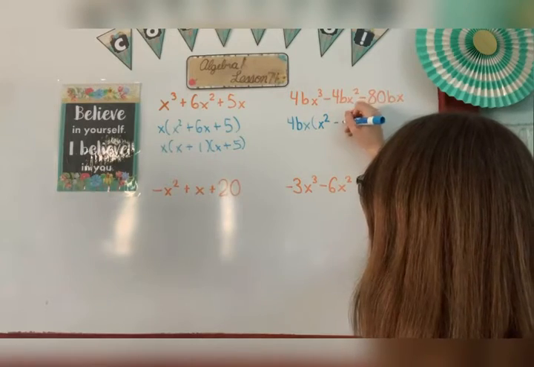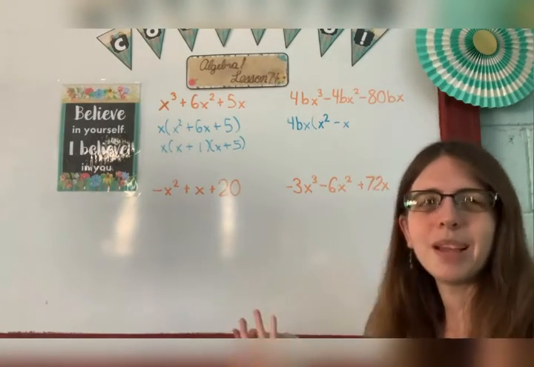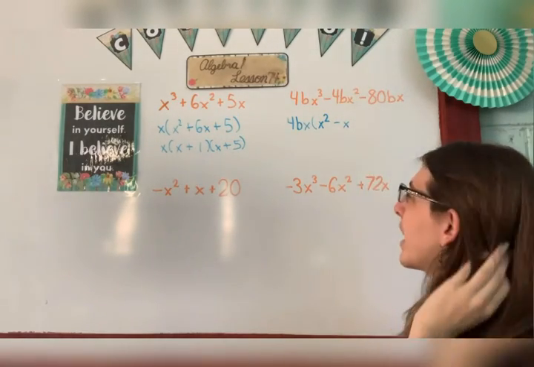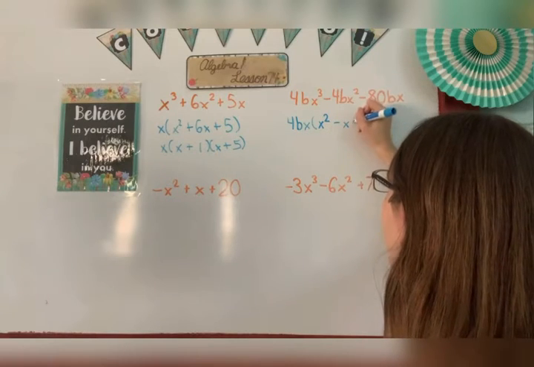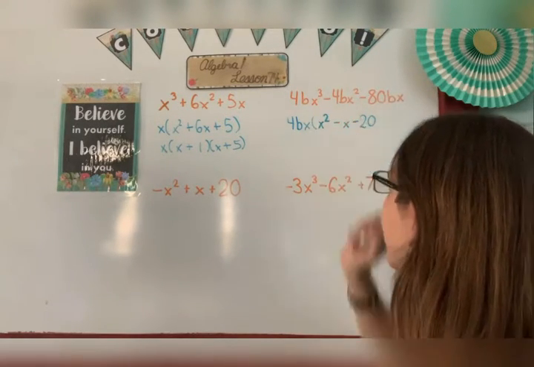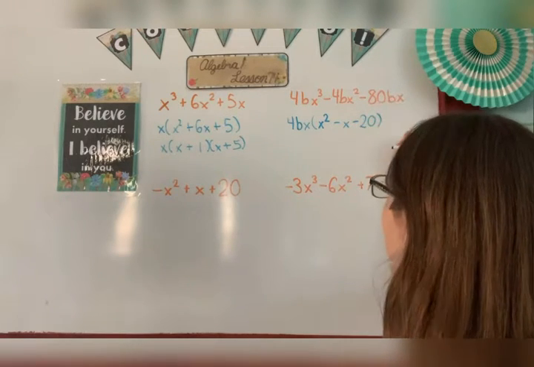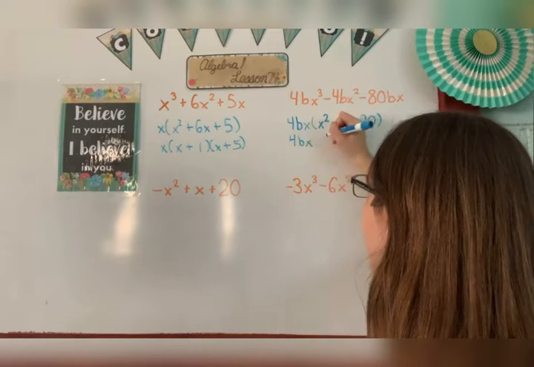So I'm left with minus x. I don't need to write negative 1x because 1 times anything is itself. So just negative x is fine. Then I have negative 80 divided by 4 gives me negative 20. My b cancels, my x cancels. So that's my trinomial. All right, so to factor it, I write 4bx, I can't just drop that.